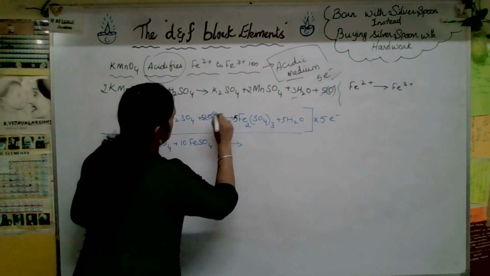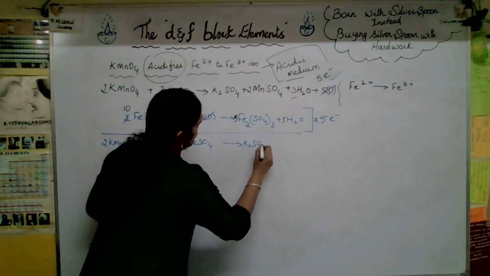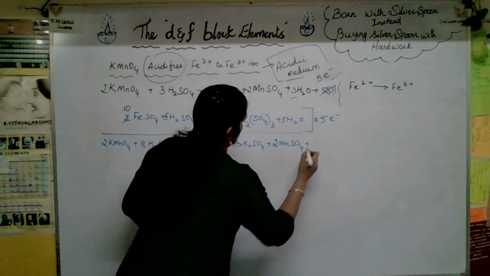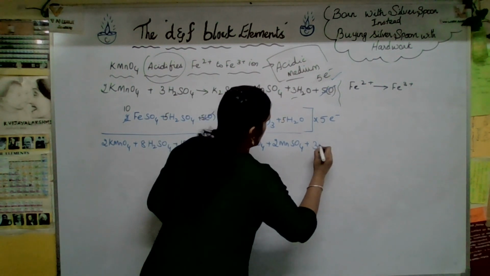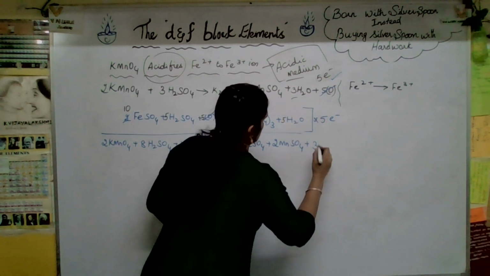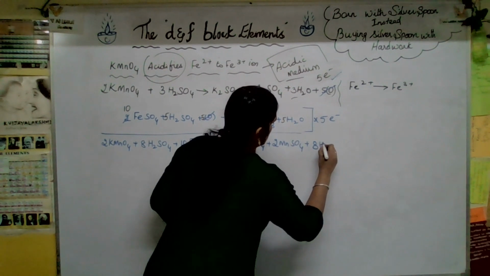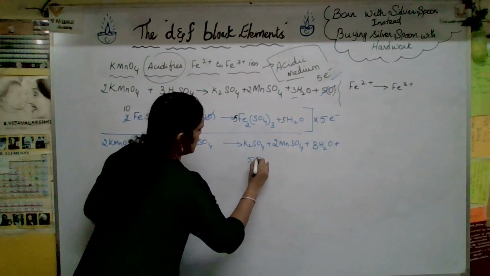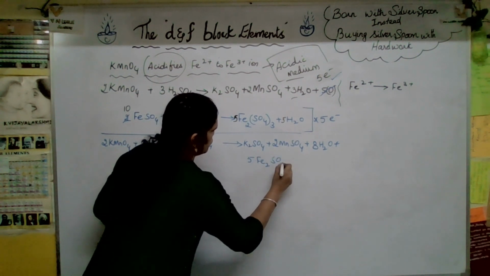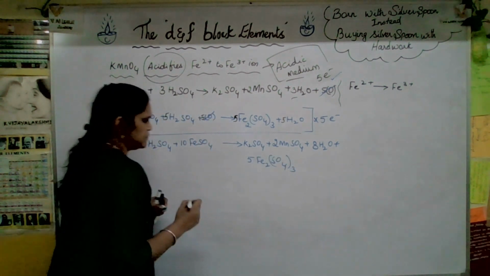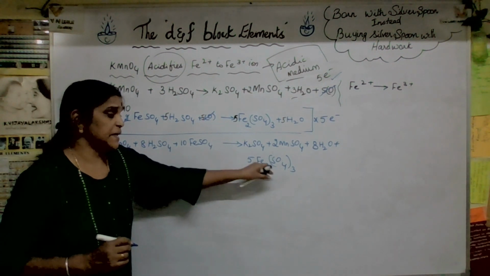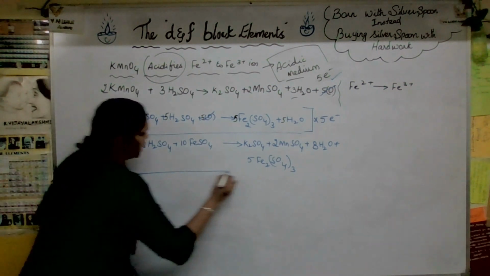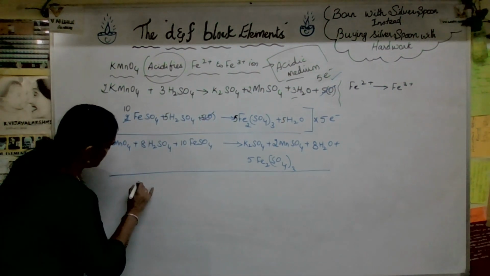Now here K2SO4 plus 2 MnSO4 plus 3 plus 5, 8 H2O plus here what it is, 5 Fe2(SO4)3. That means Fe3 plus, 10 Fe3 plus, 5 twos are 10, right? Okay, now this is a complete equation. We can write it another way.